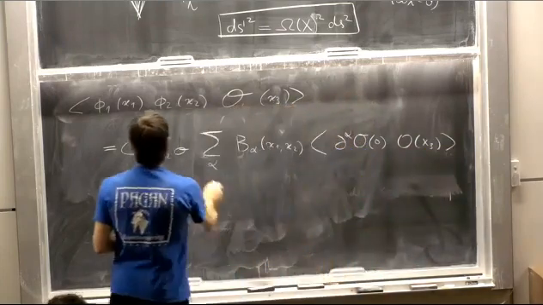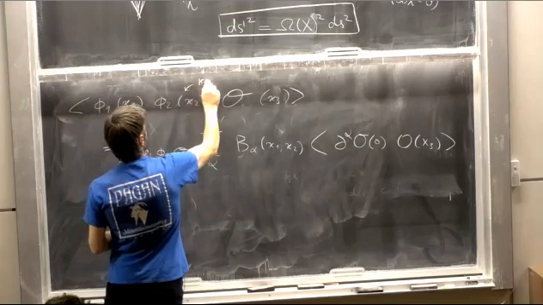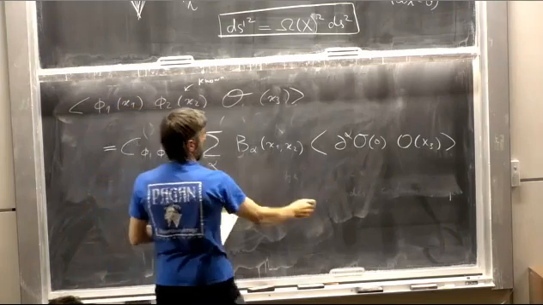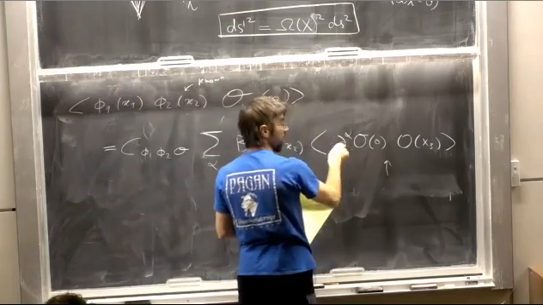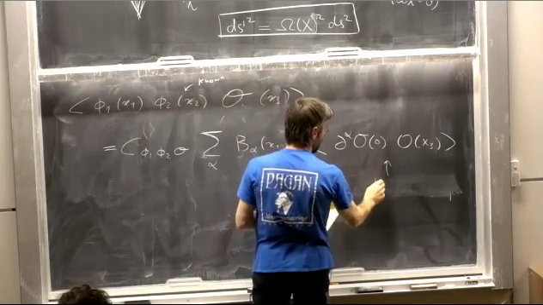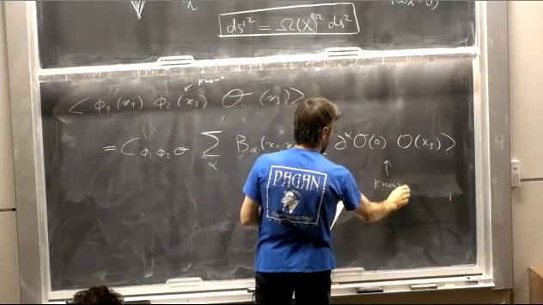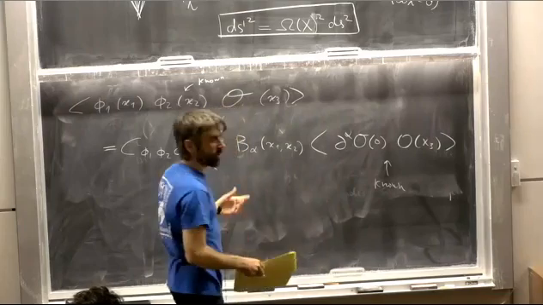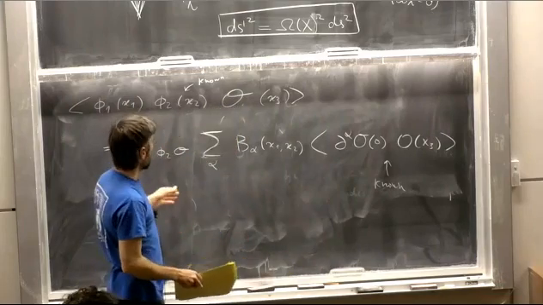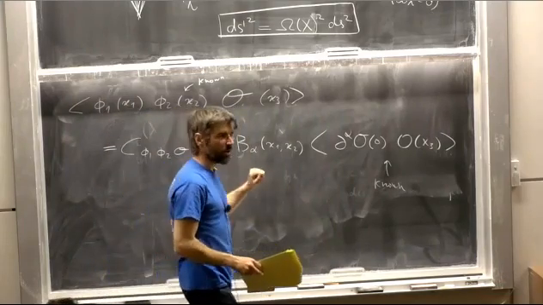Since this 2-point function and its derivatives are known, this gives you, at least in principle, a way to work out these coefficients B alpha.